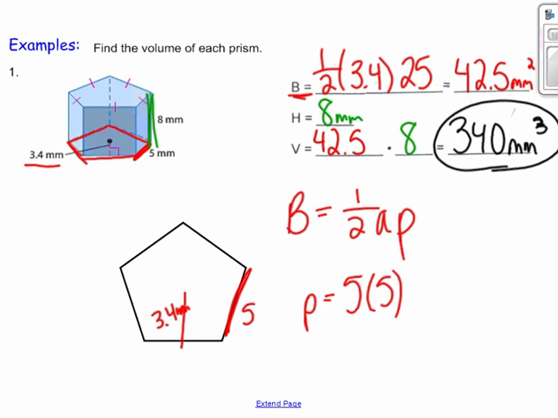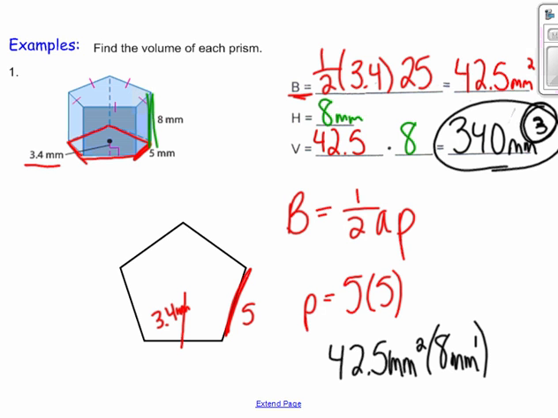The reason this is cubic is that when you multiply the numbers, you also multiply the units. This is 42.5 millimeters squared times 8 millimeters. Millimeters squared times millimeters to the first power is millimeters cubed. So volume is always in cubic millimeters.